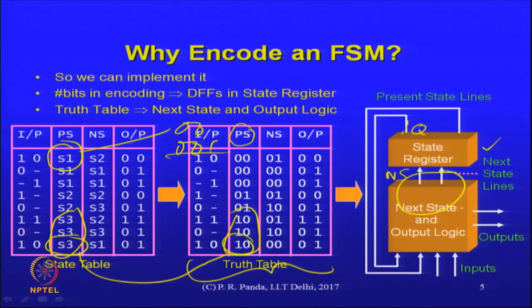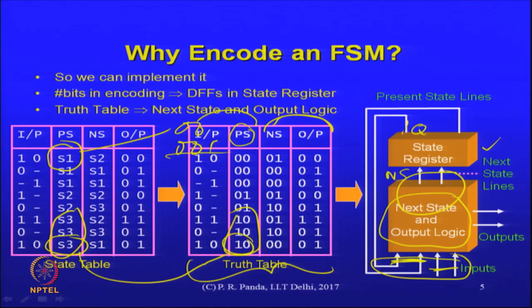This combinational logic consists of 2 parts: a next state logic and an output logic. The inputs to the next state logic are the present state, which are the Q outputs, and the external inputs into the FSM.